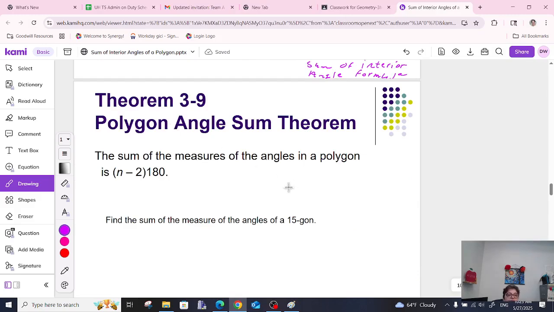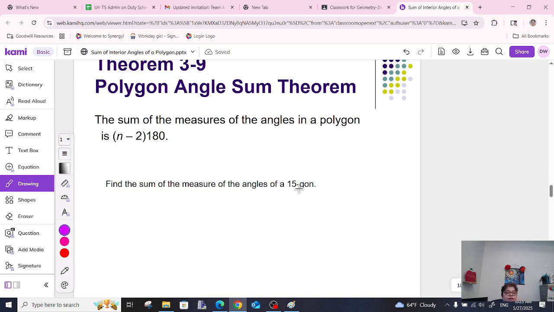So, I think did I change this number on here? That's why I wanted to peek at this. Okay, find the sum of the measure of the angles of a 15-gon. Well, how many sides does a 15-gon have? 15.